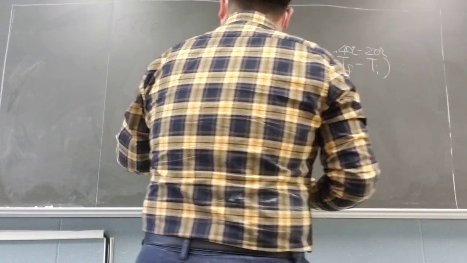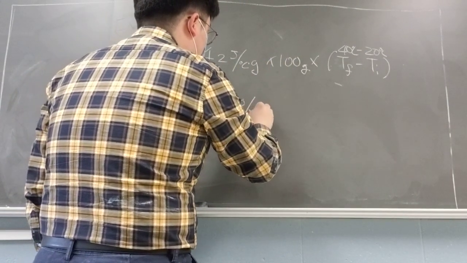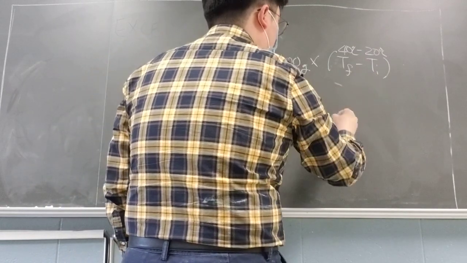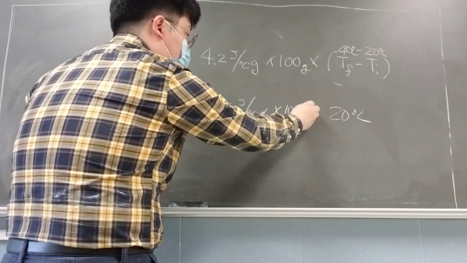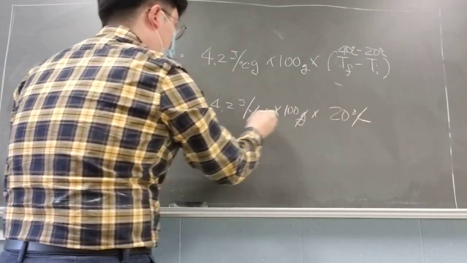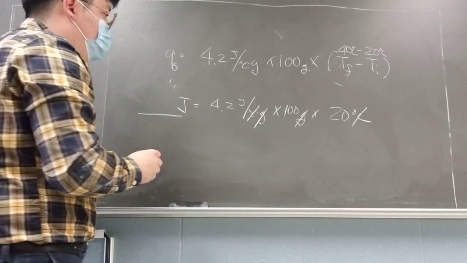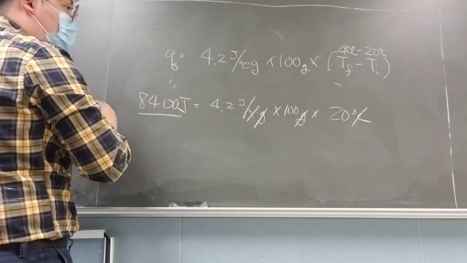If you do that, this is literally 4.2 joule per Celsius per gram times 100 grams times 40 minus 20, which is 20 Celsius degree. You see those units cancel, and you get the number in joules.